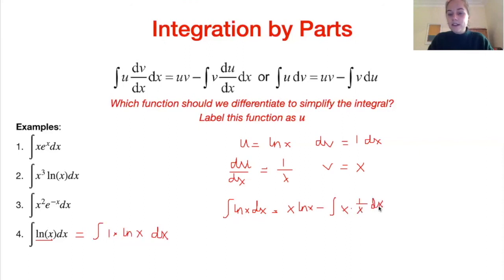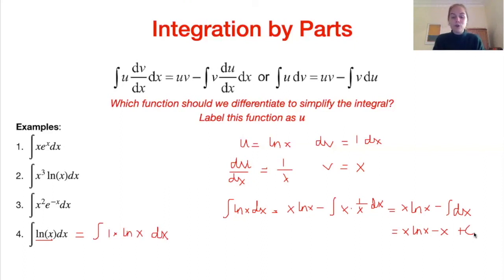And look at that, that is an integral which is very simple to solve, right? x times 1 over x is just 1, so we're just integrating dx. So overall we find this is x ln of x minus x, and then our integration constant plus c at the end.